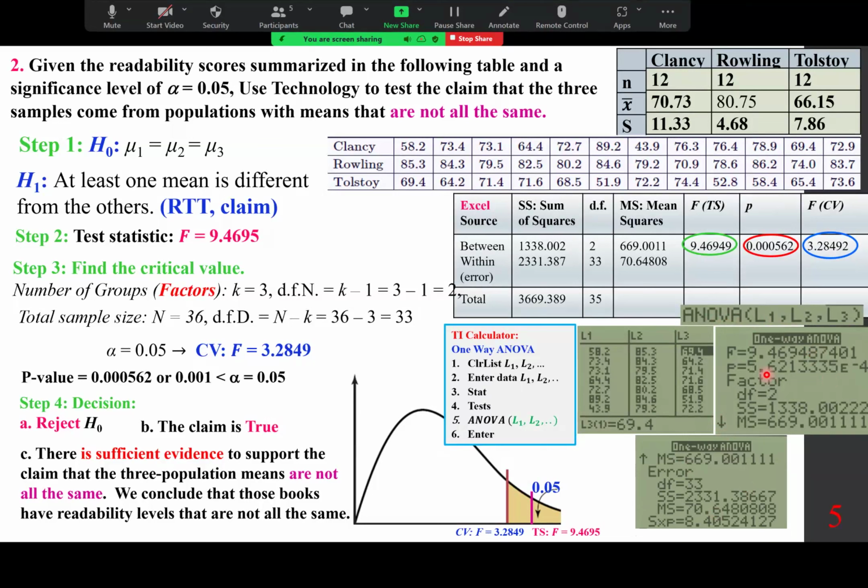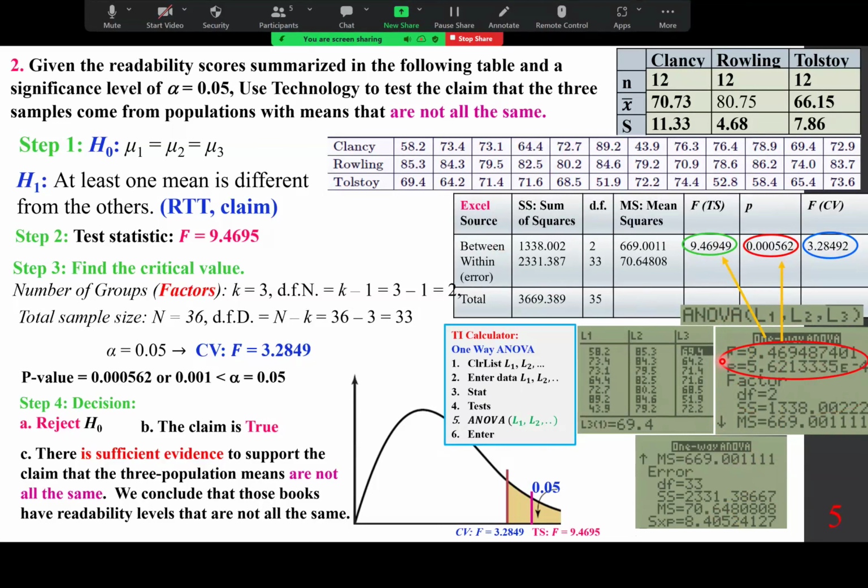Let's look at the numbers that they have given us versus Excel so we can become clear as to what's happening. First and foremost, look at this number, which is the test statistic. And look at this number, which is the p-value. On a normal basis for the test of hypothesis, those are the two main ones.